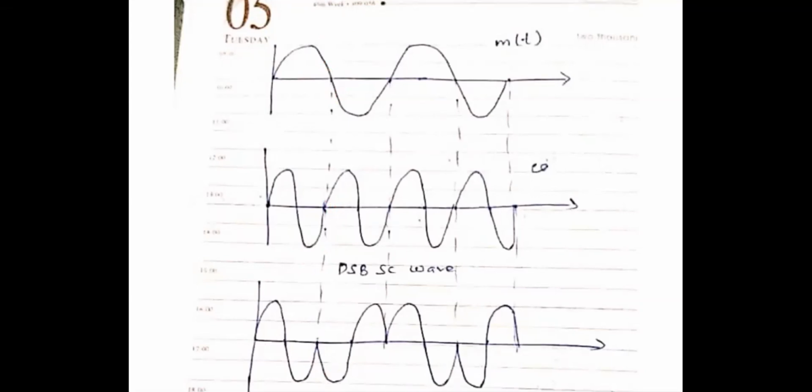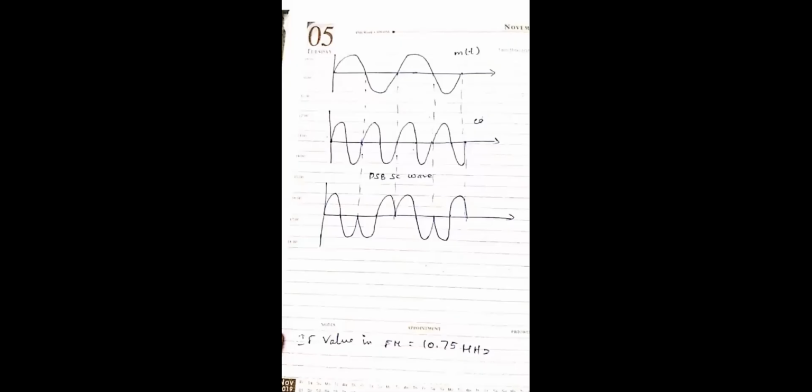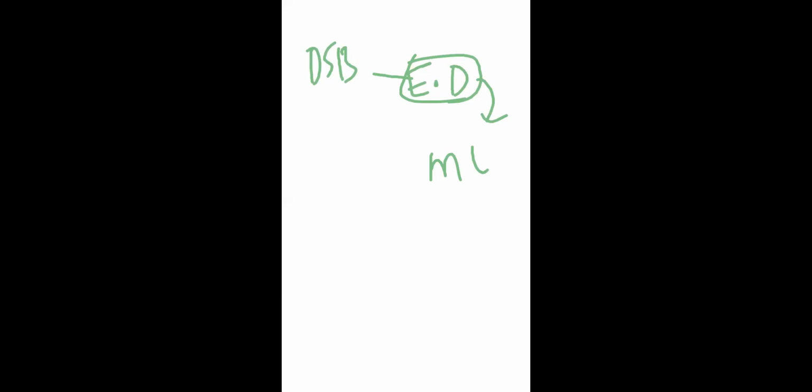Now my next question is: I am having a DSB signal and passing it through an envelope detector.